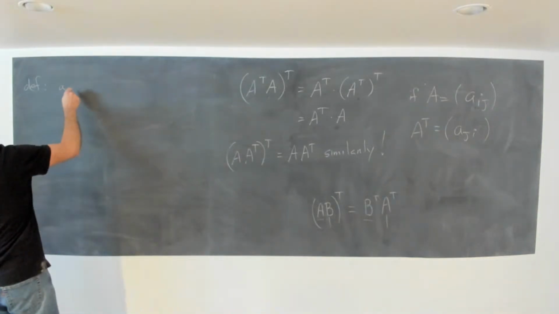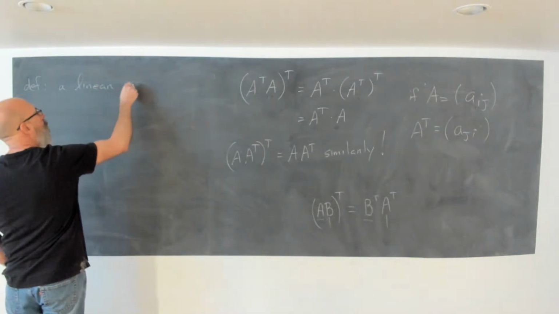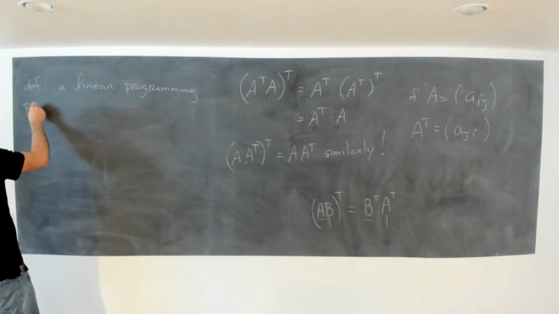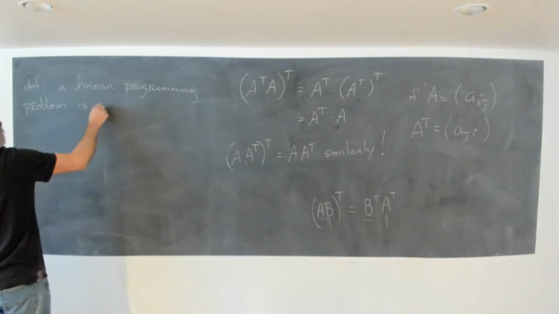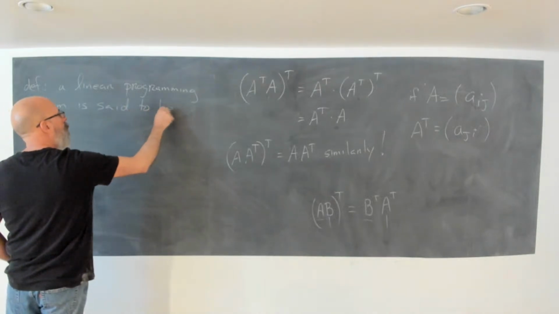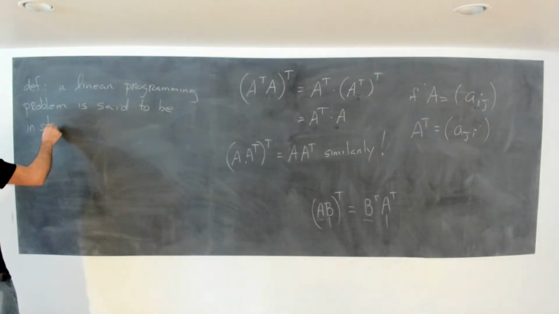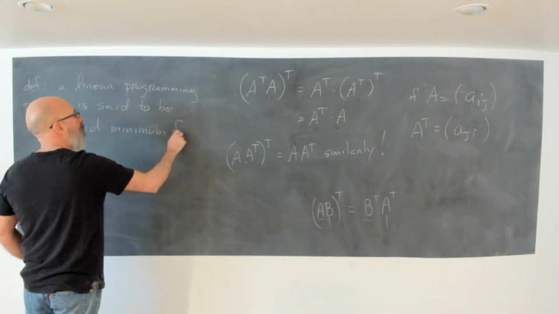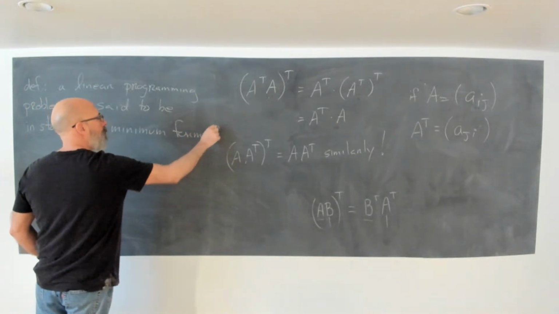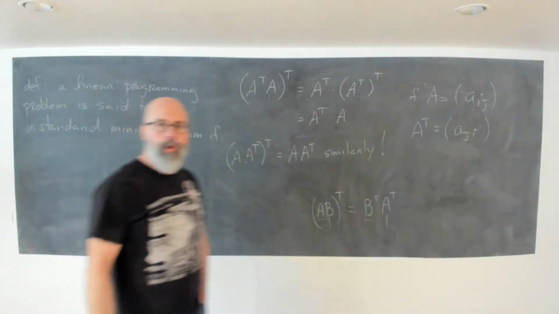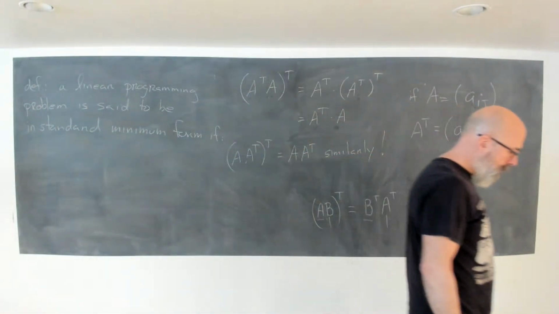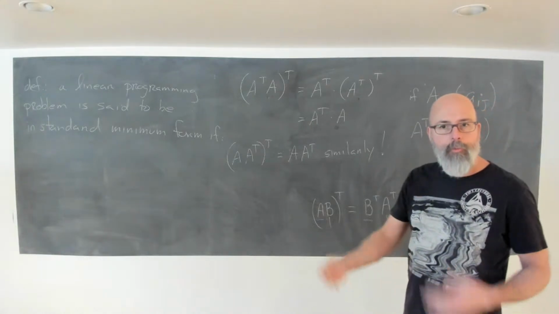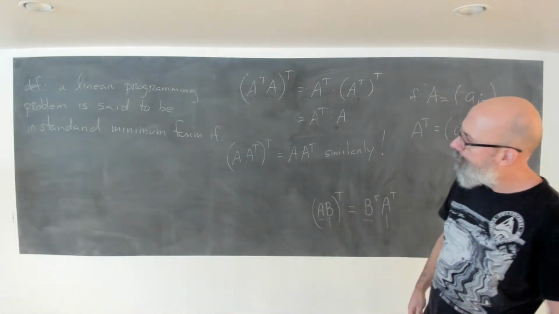A linear programming problem is said to be in standard minimum form as opposed to standard maximum form. I think you can guess where we're going with that.